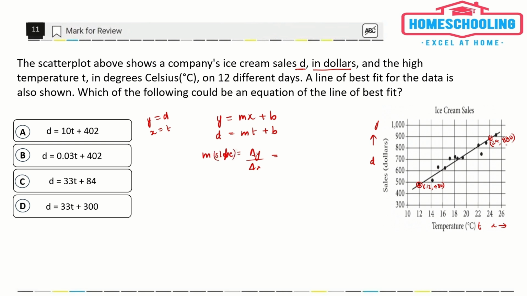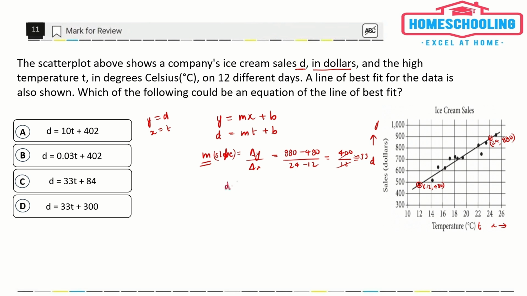So delta y is y2 minus y1. So y2 is 880 and y1 is 480. So 880 minus 480 divided by x2 minus x1. So x2 is 24 and x1 is 12. So 24 minus 12. So this is going to be 400 divided by 12. So it will be 33 point something. So our slope m is 33.